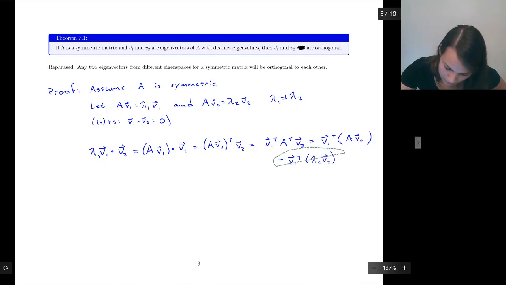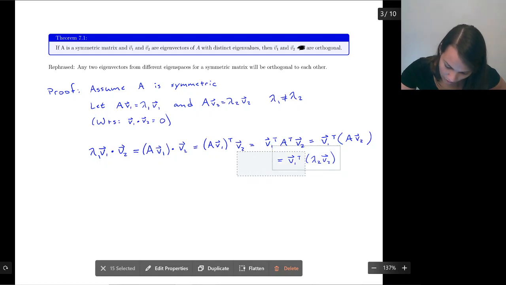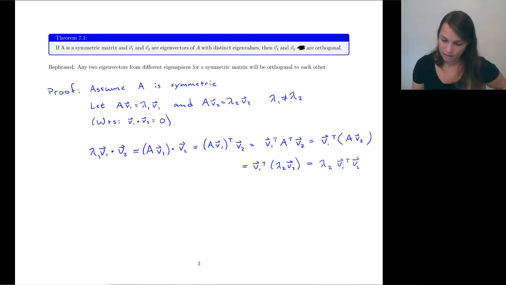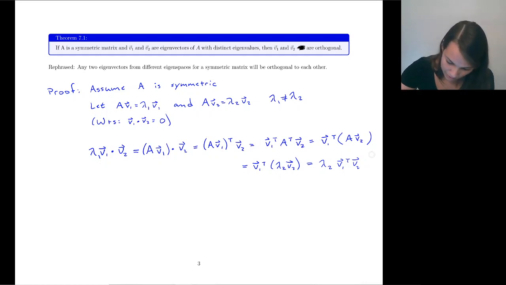And then I can manipulate this so that lambda has been pulled out to the front. And then let's take that back to dot product.